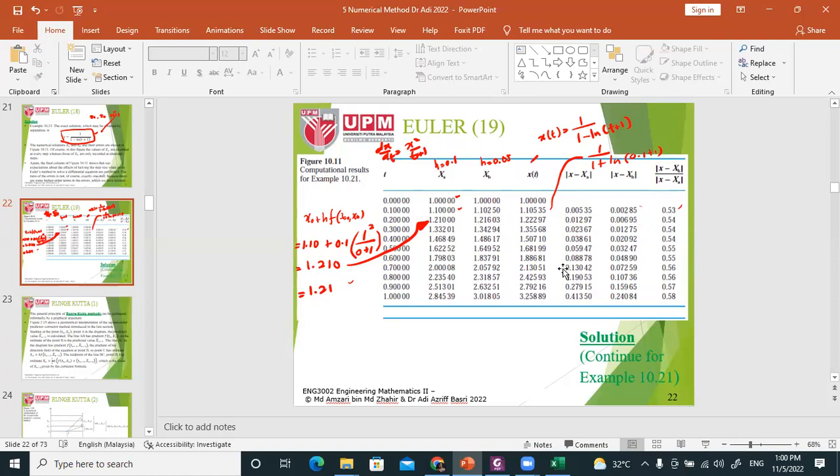I want you to replicate this one using your Excel and make sure you understand it, because your test will be the next test. For example, we give you a function, you need to calculate based on the time step here. So that's Euler.